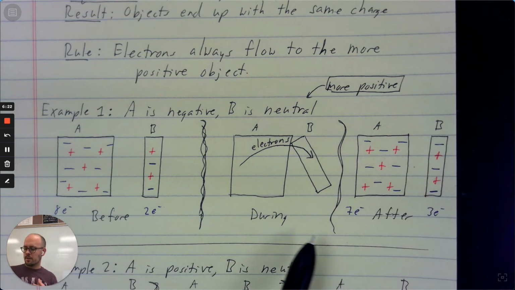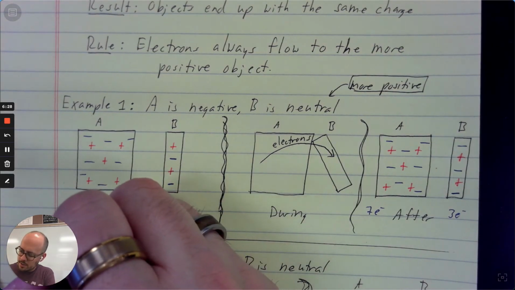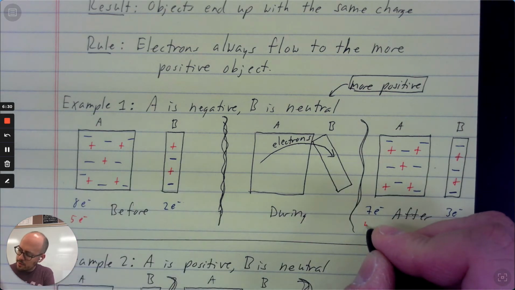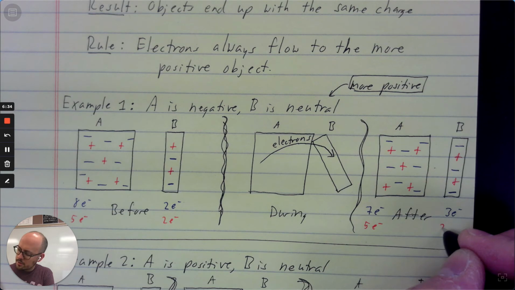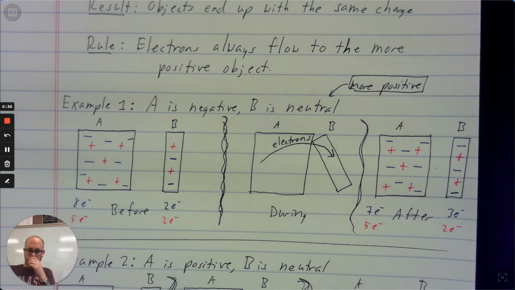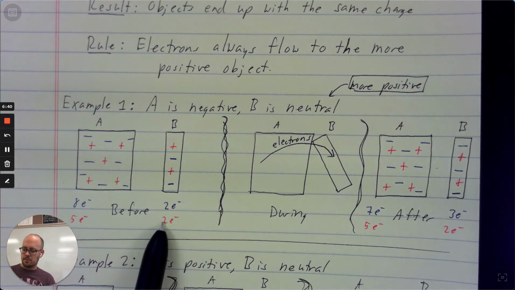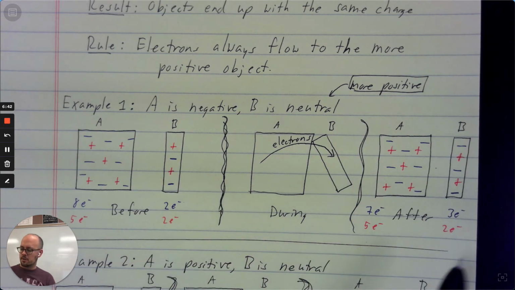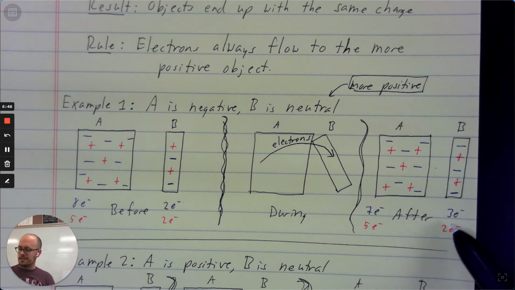Now, they obviously don't have the same number of electrons, but they have the same approximate charge because object A always had 5 positives, and object B always had 2 positives, or 2 positive dots, or whatever. So A was negative, B is neutral. Then the electrons move, A is still negative, and B is now negative.